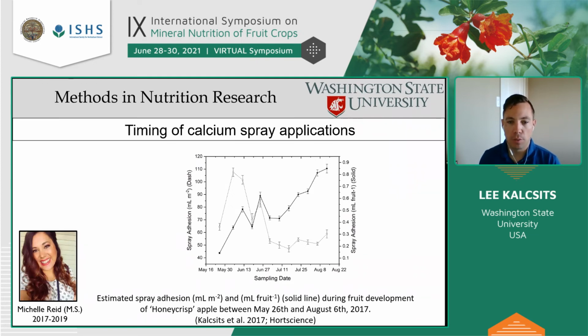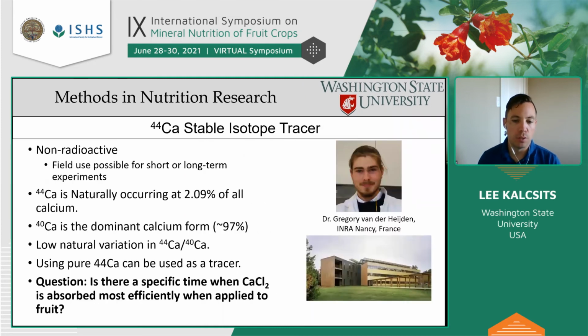We were curious about the timing of calcium spray applications, and really trying to measure how much of the calcium applied to the fruit surface via calcium sprays is absorbed. Because we see very small differences in bulk calcium changes in these experiments, we applied a stable isotope to the fruit surface to look at how much of that isotope entered the fruit by the end of the experiment.